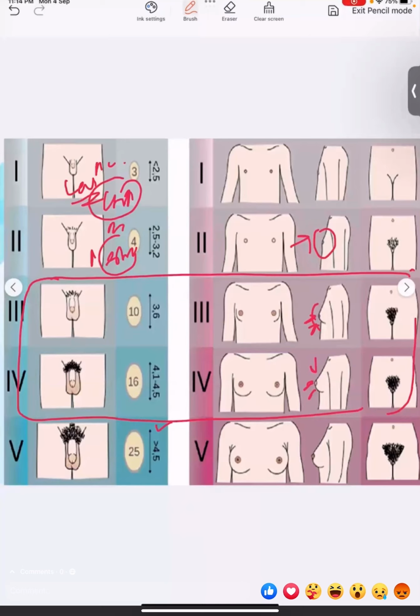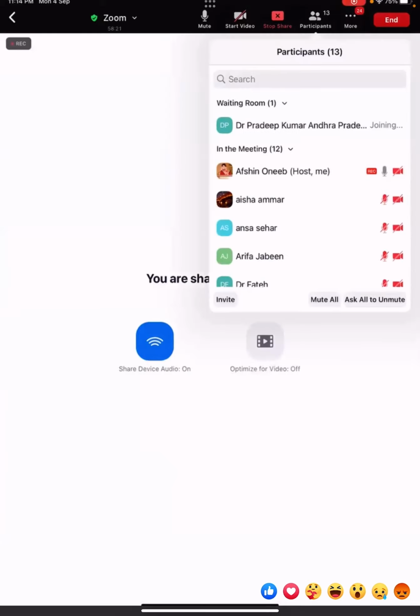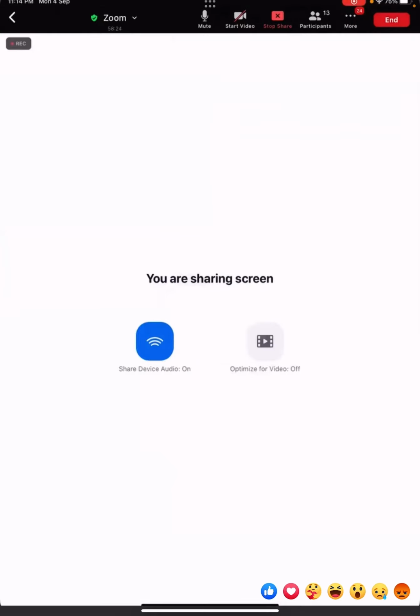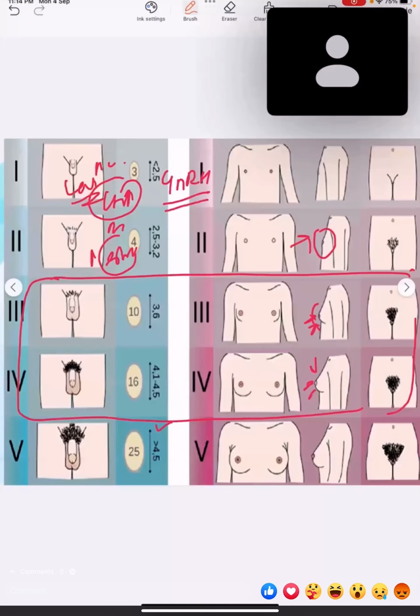On the labs, we do it with the gonadotropin releasing hormone. In central precocious puberty, we give this GnRH to the patient, and after that we measure the level of LH.